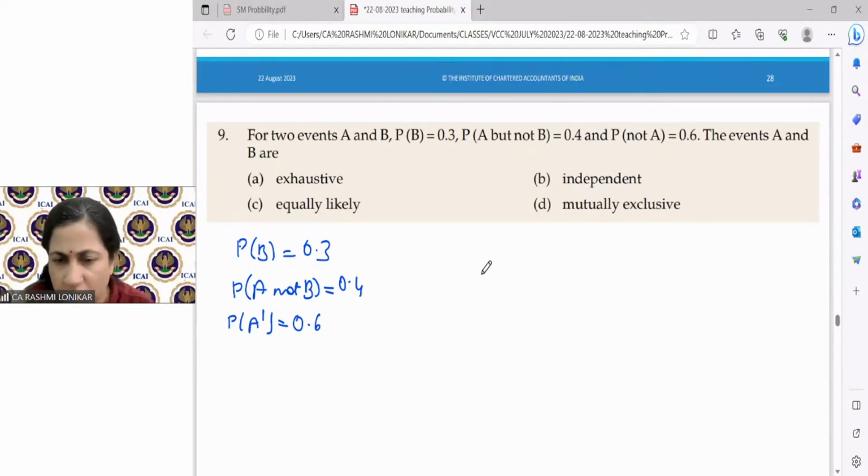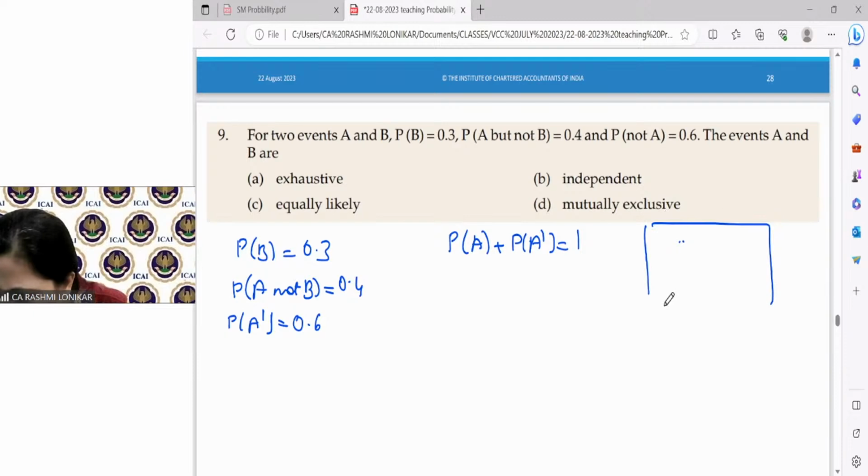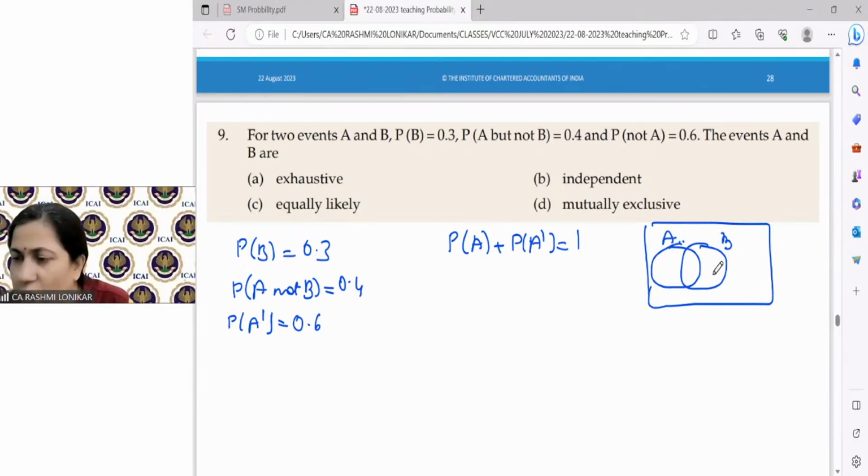Now, I know that P of A plus P of A dash is equal to 1. So how do I find P of A? A dash I already know. If this is my A and this is my B, B I already know is 0.3.